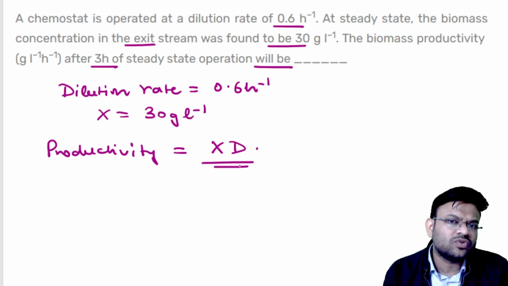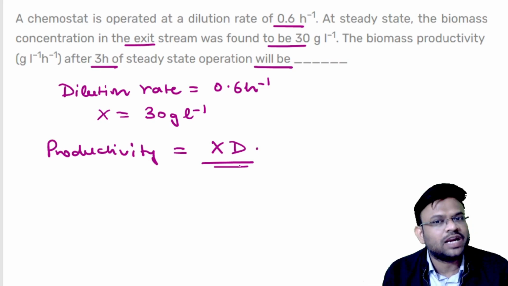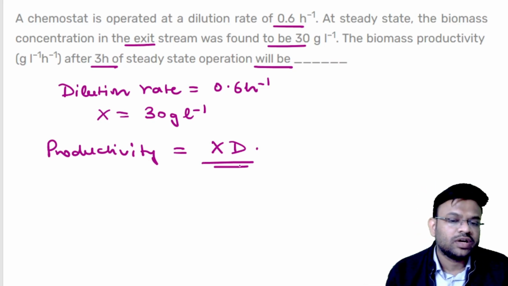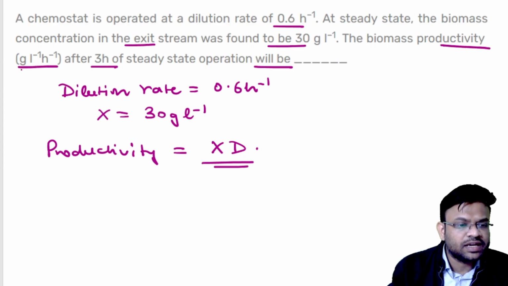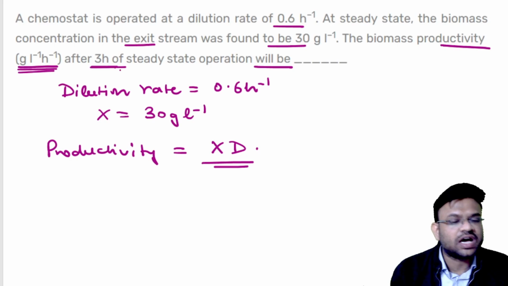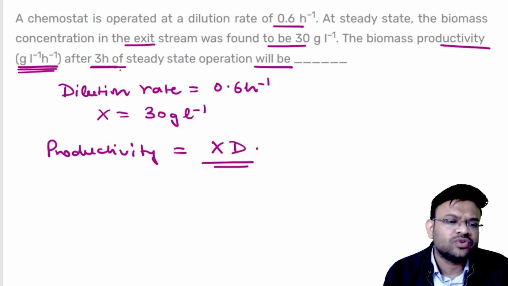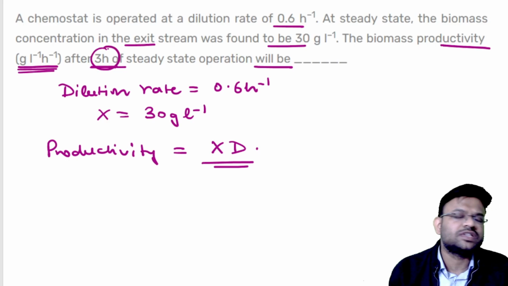Now if they are asking you for the entire volume, you will have to multiply it by volume also, but in this question, the biomass productivity in gram per liter per hour after 3 hours of steady state operation will be. You should be knowing that the productivity is always given in per hour.